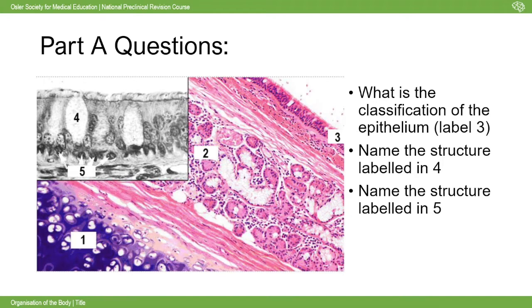Then moving to naming the structure labeled 4, this is actually a goblet cell, and if you look above the structure labeled 4, you can see the cilia, so we're thinking this is ciliated pseudostratified epithelium, and likely therefore to have goblet cells. Looking at the structure labeled 5, this is actually a basal stem cell, so these will divide to replenish any of the lost cells from our epithelia.